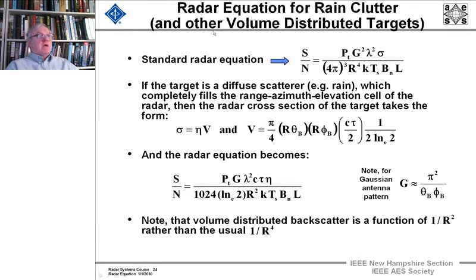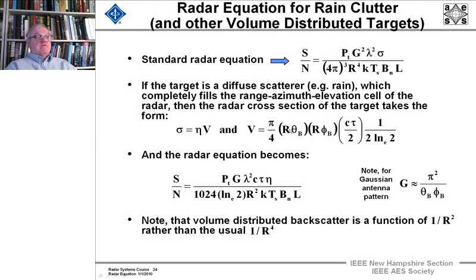If the target is a diffuse scatterer like rain, which completely fills the radar azimuth elevation cell, then the radar cross-section is just the radar cross-section per unit volume times the volume. And the volume for that kind of cylindrical cell that's growing is just this equation.